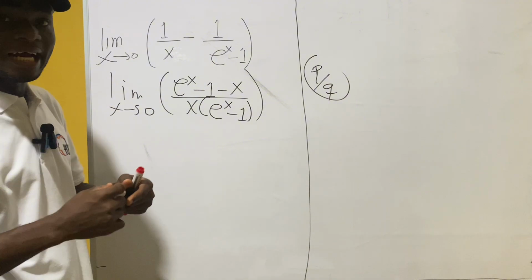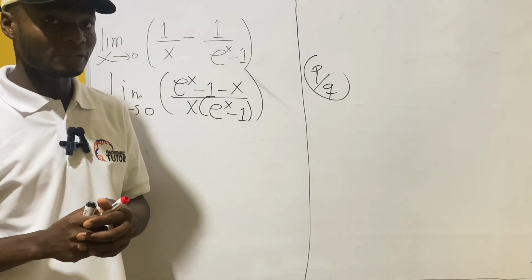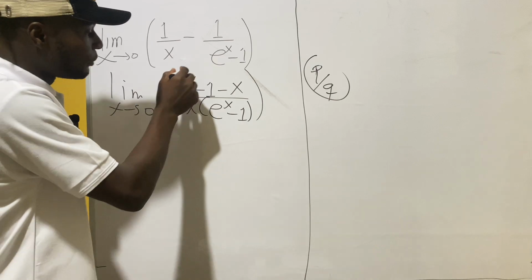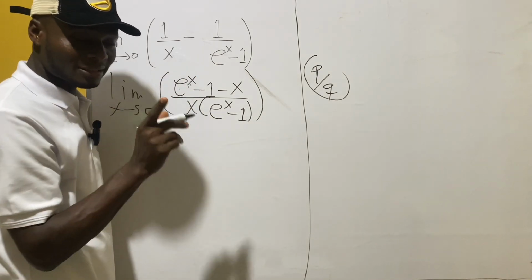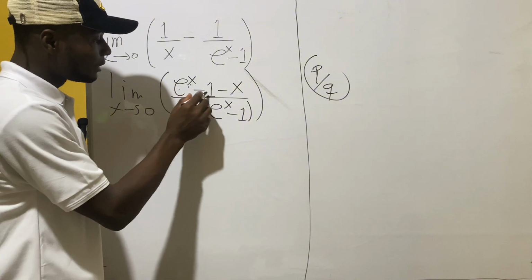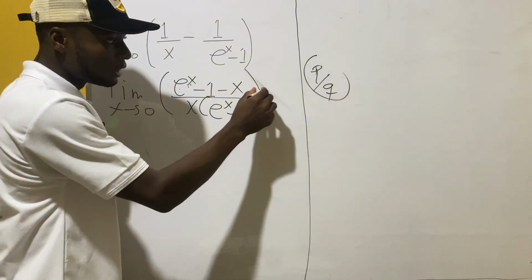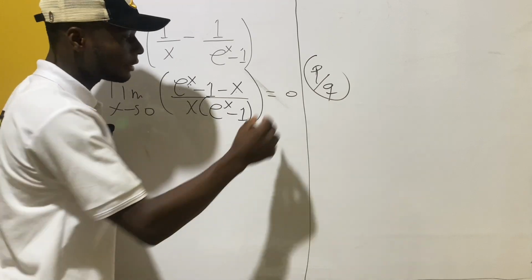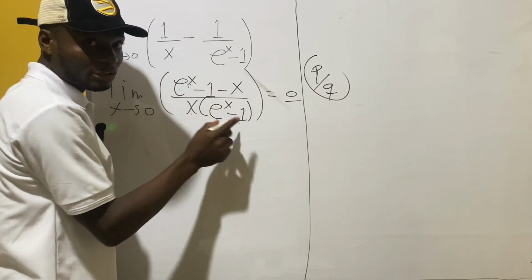So let's do direct substitution and see if we can get 0 over 0. Clearly, when you put 0 here, you're going to have e power 0, which is 1, and 1 minus 1 minus 0 gives 0 at the numerator. Let's check the denominator. 0 here means everything here is going to be 0.